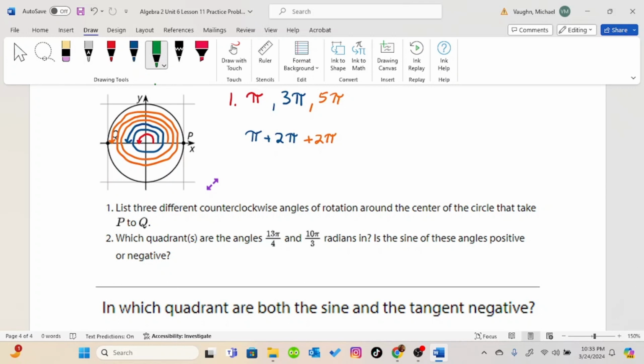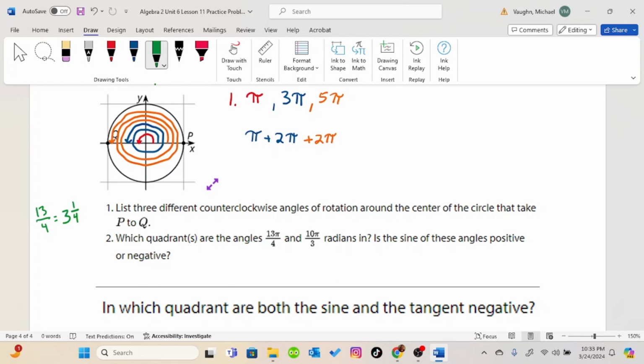Number 2. Which quadrants are the angles 13 pi over 4 and 10 pi over 3 radians in? So, 13 divided by 4 equals 3 and 1/4.